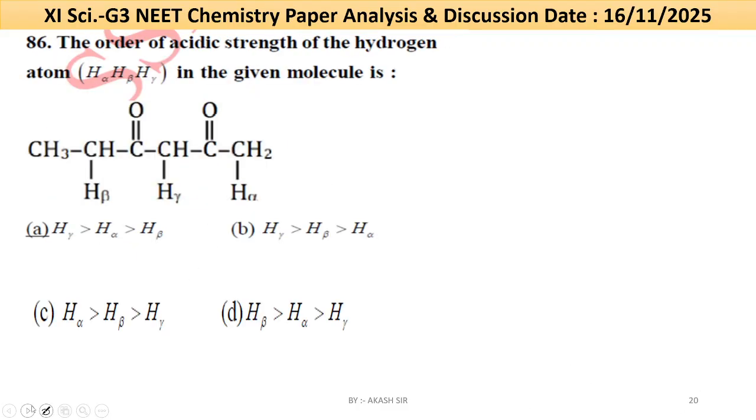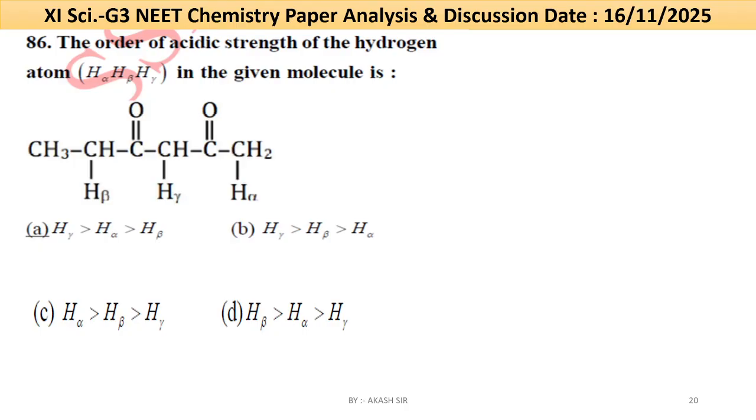So let's move to question number 86. The order of acidic strength of the hydrogen atoms H alpha, H beta, H gamma in the given molecule. Here we compare the stability of alpha hydrogen, beta hydrogen and gamma hydrogen.